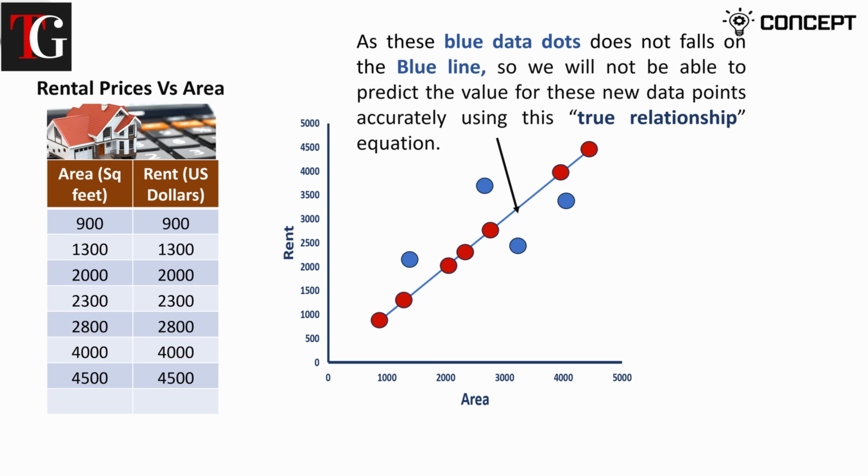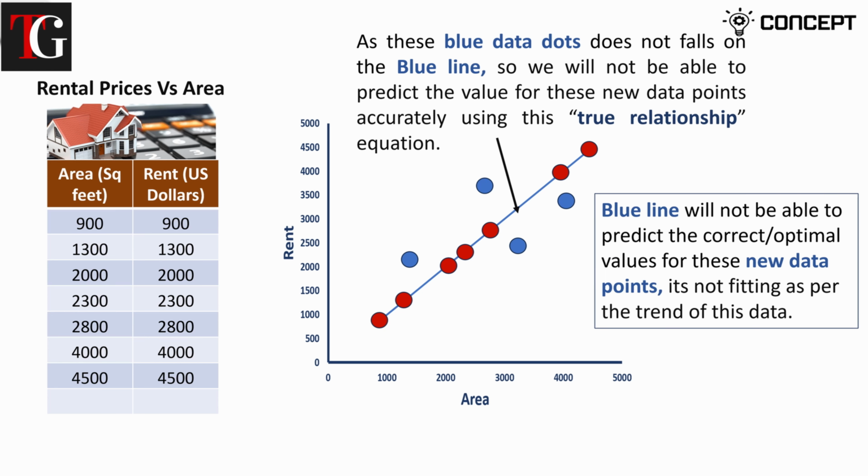As these data points do not fall on the blue line, we will not be able to predict the value for these new data points accurately using this true relationship. The blue line will not be able to predict the correct or optimal values for these new data points. It's not fitting as per the trend of this data.